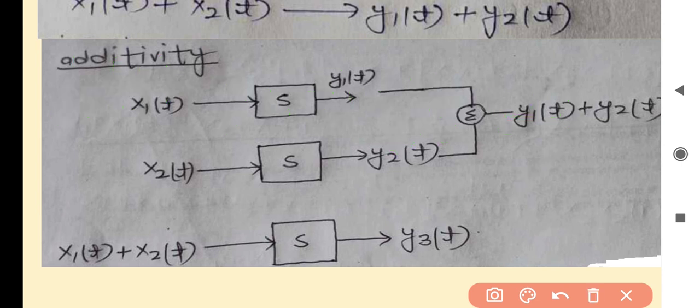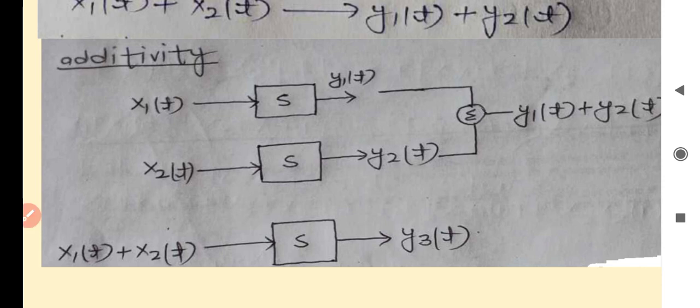Here in the first case we sum up the outputs, and in the second case we combine the inputs, and if the outputs in both cases are the same, it means that the system follows the law of additivity.